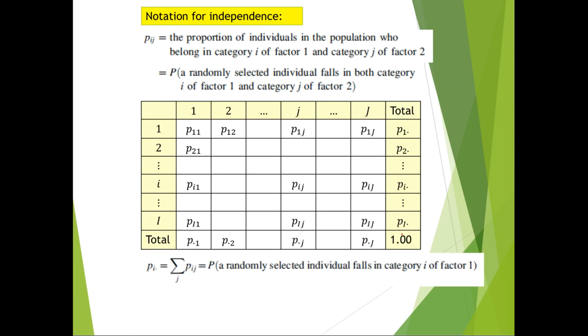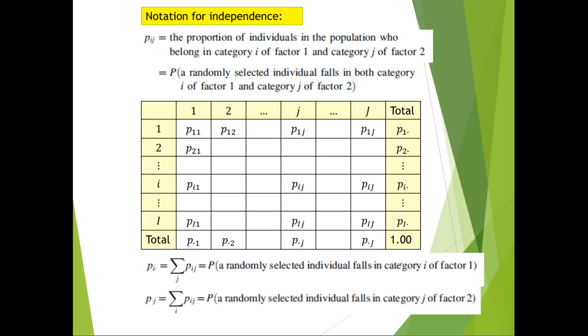Now, Pi dot, I've already indicated that that's the total of the proportions in the ith row, but it's also, if you want to interpret it, the probability that a randomly selected individual falls in category I of factor 1, ignoring factor 2. And similarly, P dot J is the probability that a randomly selected individual falls in category J of factor 2.